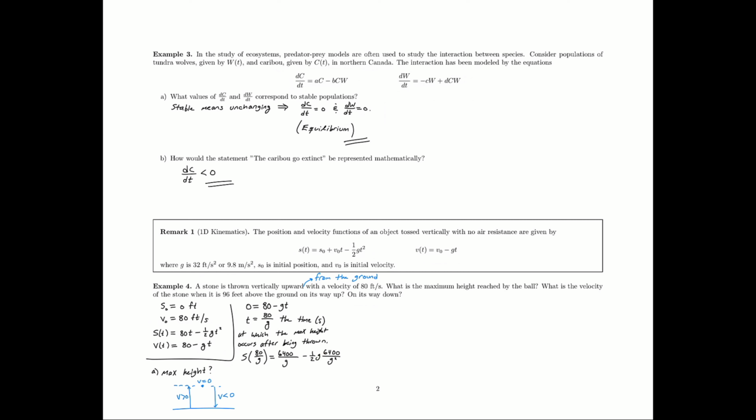One of these g's will cancel with this one, so we'll just get a single g in the bottom, and then we have something take away half of that same something, so this should simplify into just half of 6,400 over g. 6,400 over g, so half that would be 3,200 over g, and that would be feet. But if we actually plug in g is 32, then we do end up getting 100 feet as the maximum height.